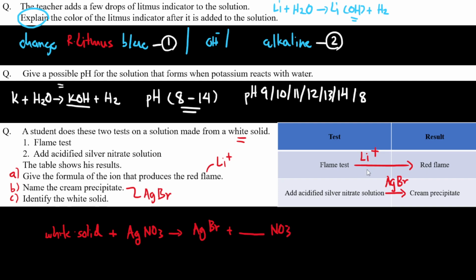But from the flame test, we already know that we're producing lithium, right? So it is simply going to be lithium. And we know that bromide ions are produced, so it must have bromide ion as your starting material. So lithium bromide plus silver nitrate will produce silver bromide and lithium nitrate. So your first starting white solid is lithium bromide.